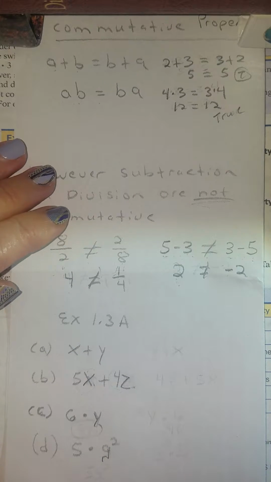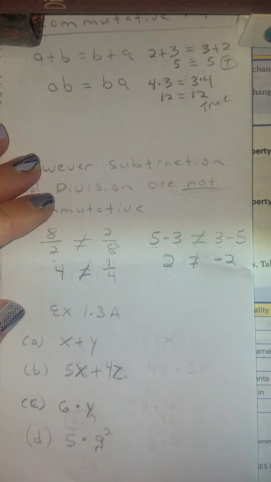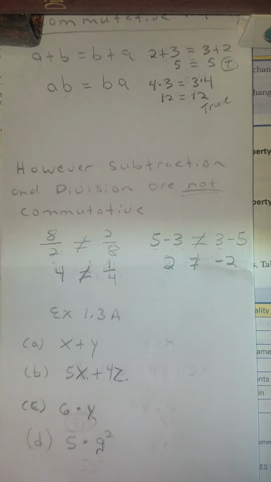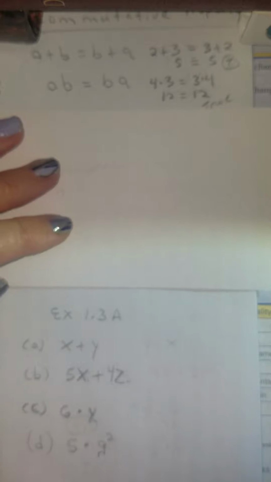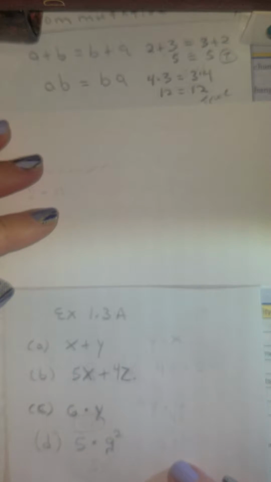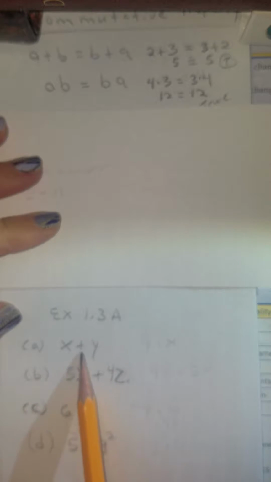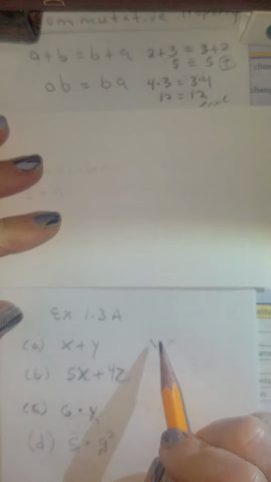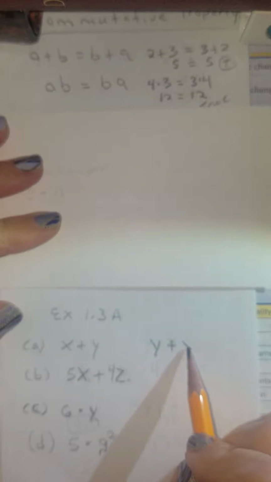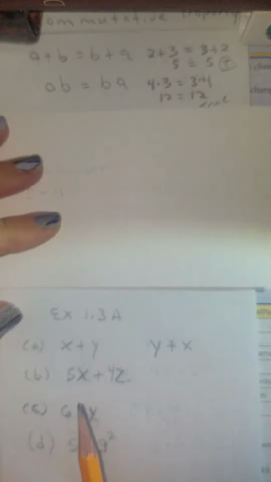One of the things in the exercises is that they'll ask you, on example 3.1, to apply the commutative property. If they have x plus y, then you can write it as y plus x. Here they have 5x plus 4z.